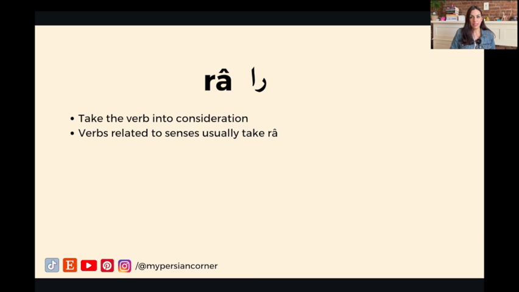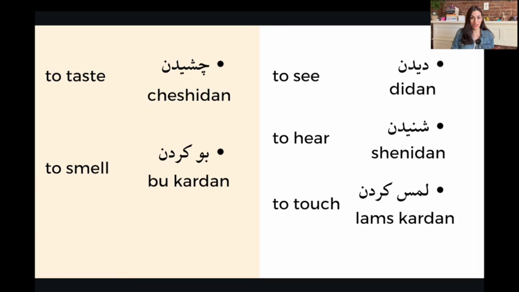Another thing we want to do is just in general, we have to take the verb into consideration, right? And verbs that are related to senses usually take را. So what are the verbs related to senses? دیدن, to see. شنیدن, to hear. لمس کردن, to touch. چشیدن, to taste.